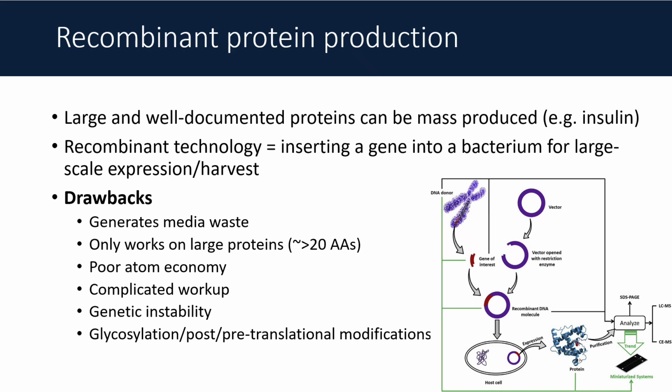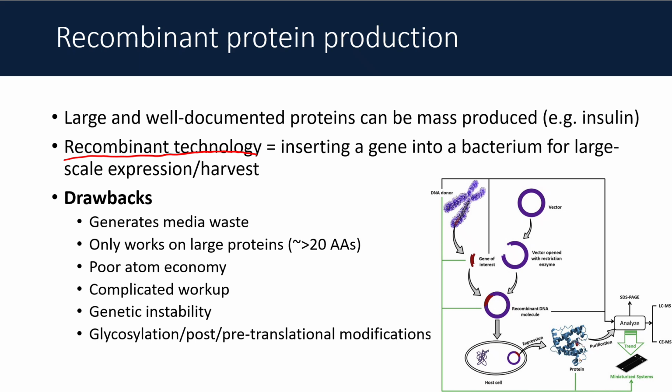But recombinant technology, which is the process of inserting a valuable gene into, say, a bacterial vector for mass production, completely changed the game. It allowed us to produce enough human insulin to keep our diabetic population alive. And that's just one example of a protein that has commercial value.